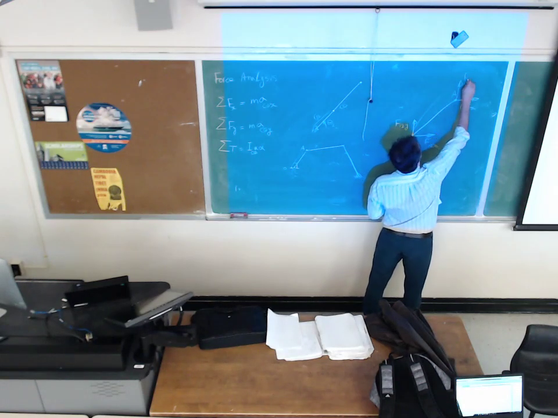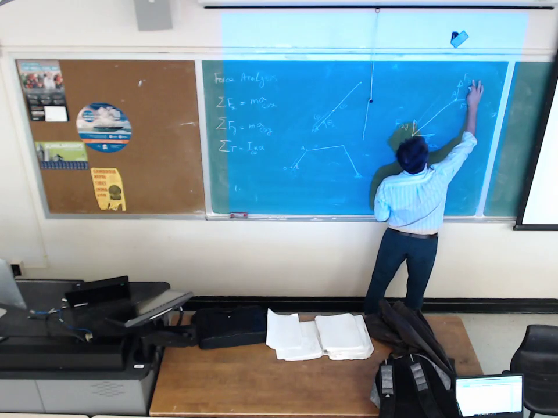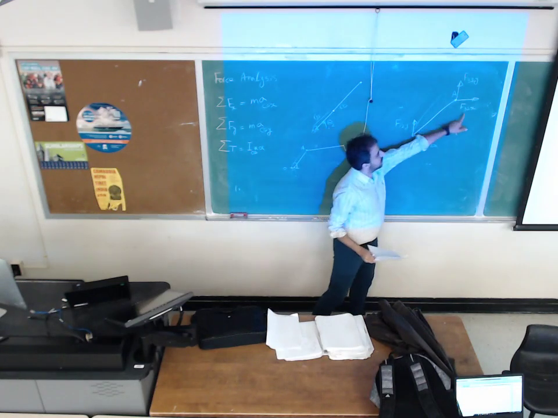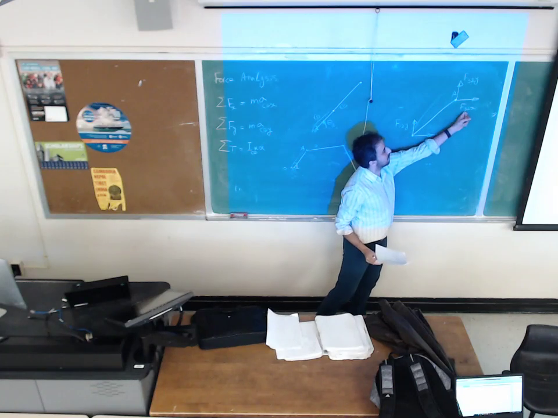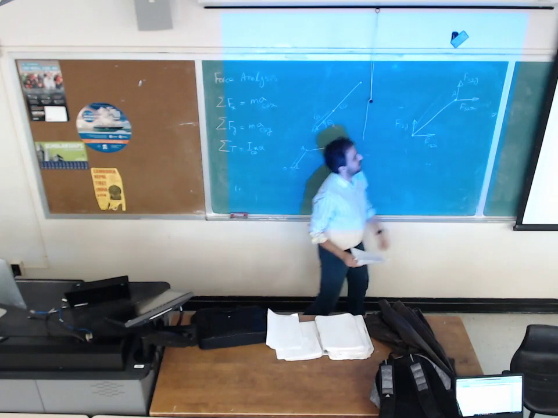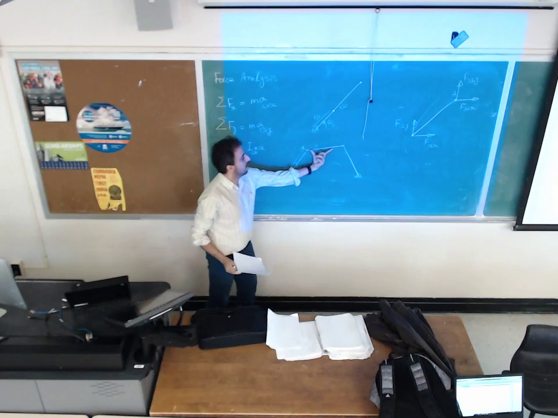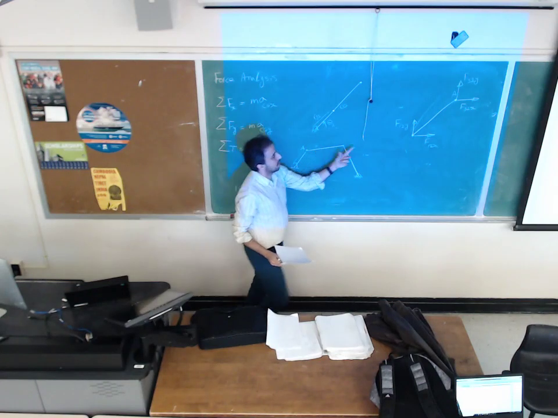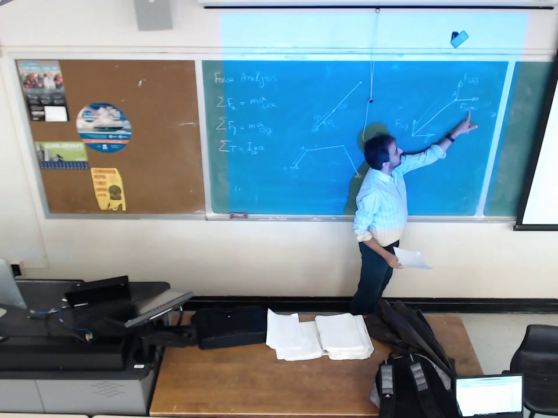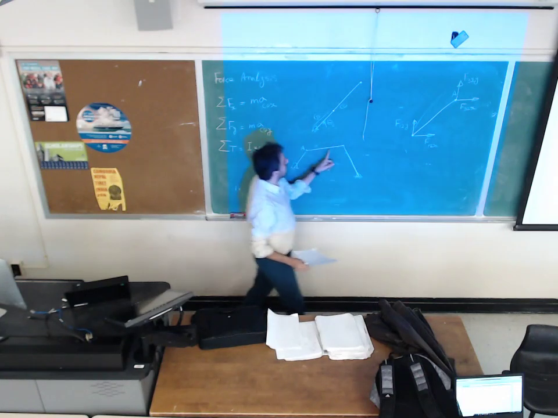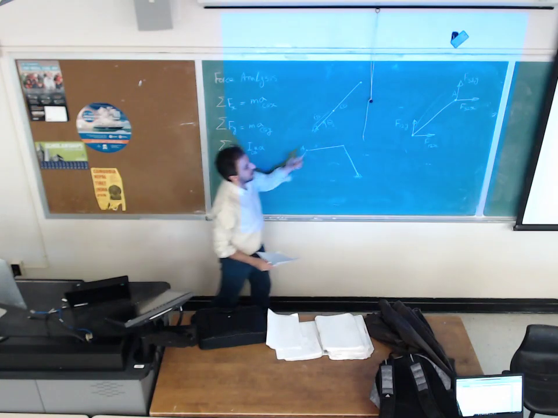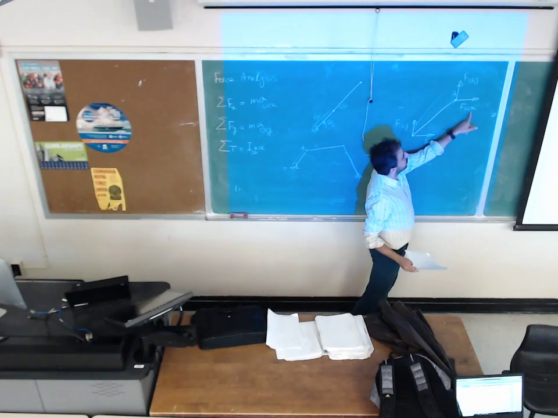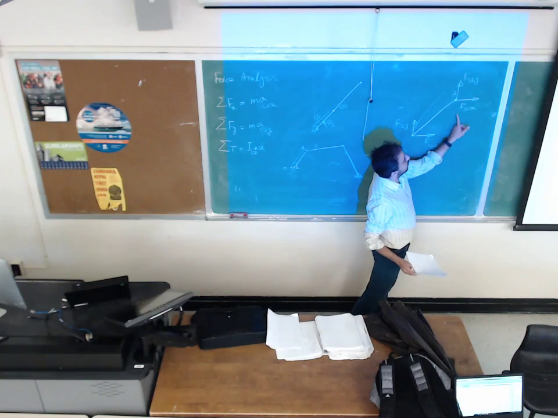F32 means force coming from link 3. The first number represents the link that the force is coming from. The second number represents the link that the force is applied to. So F32x means the force coming from link 3 applied to link 2, and this is what we are looking at in X direction and Y direction.